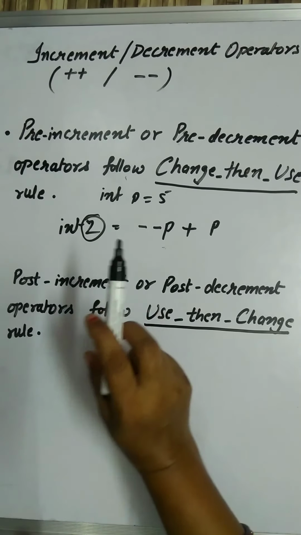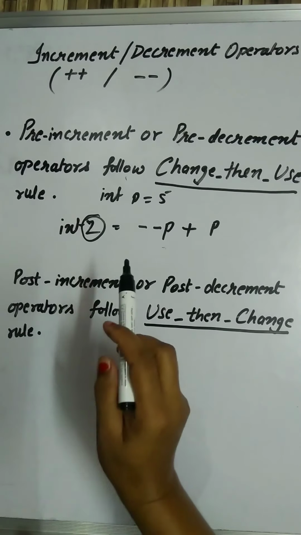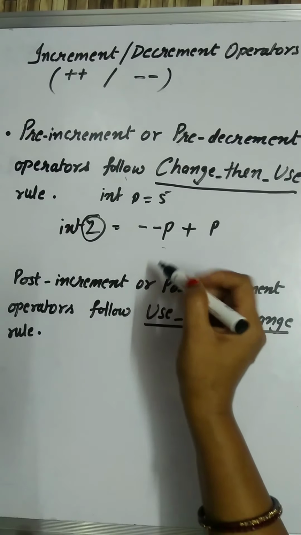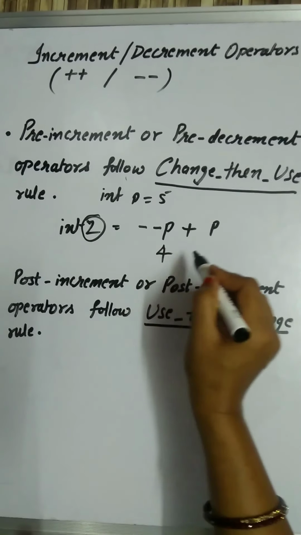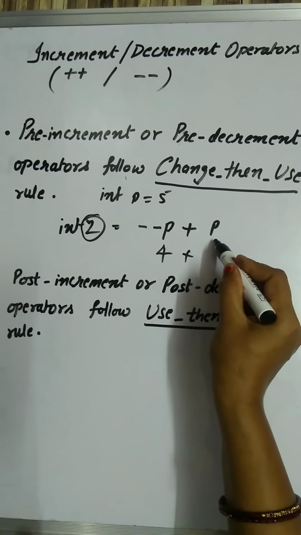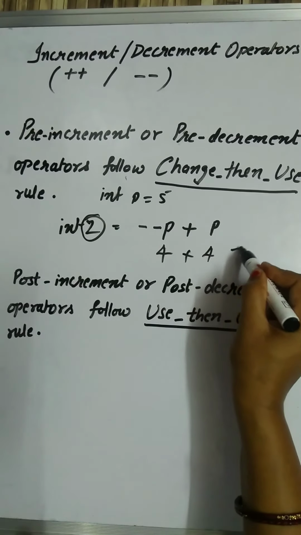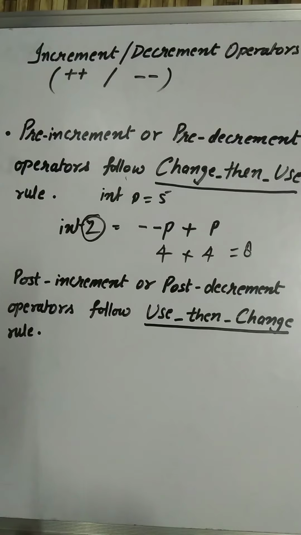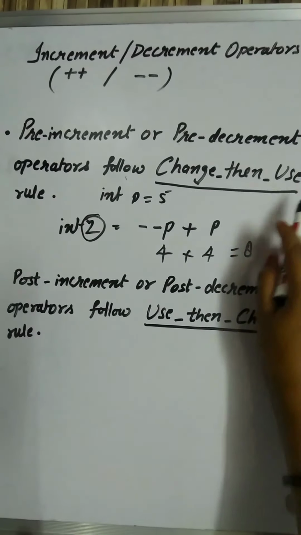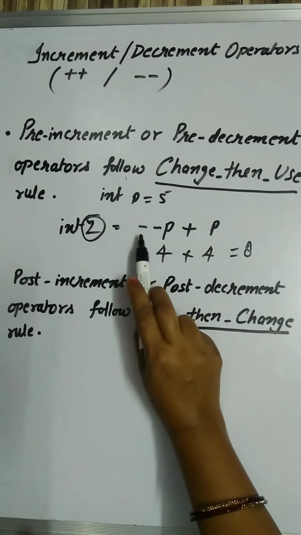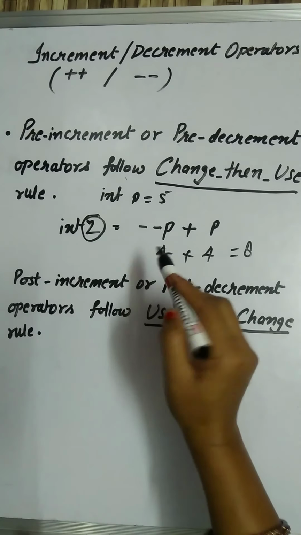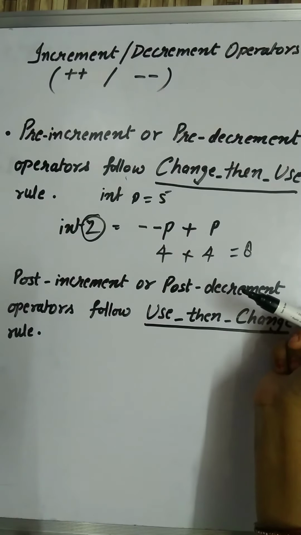Pre-decrement means subtract 1 from its operand. So 5 minus 1 is 4, meaning the p value is 4. Then here again p, so 4. Here the z value is equal to 8. Clear? Change then use. First of all we perform the increment or decrement operator, then we use the value.